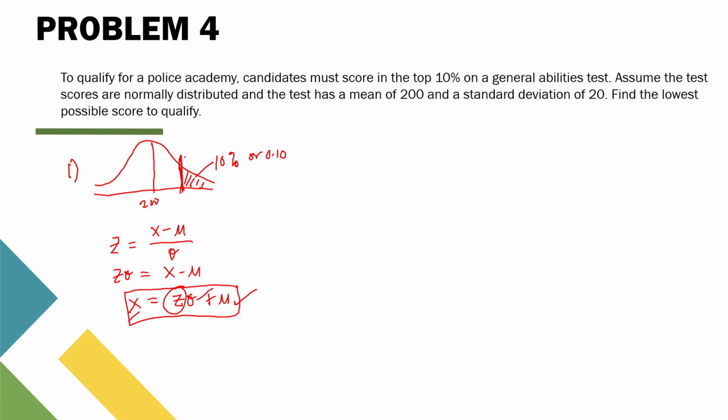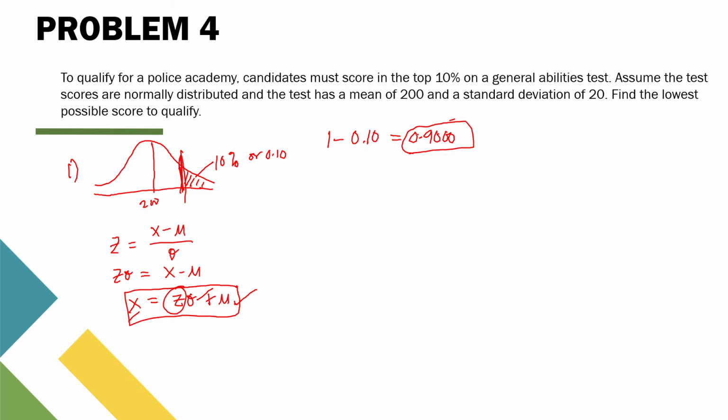What is the z value when it is 10%? So the area is 1 minus 0.10, and the result of this one is 0.900. So we have to locate this area in order for us to get the z value.